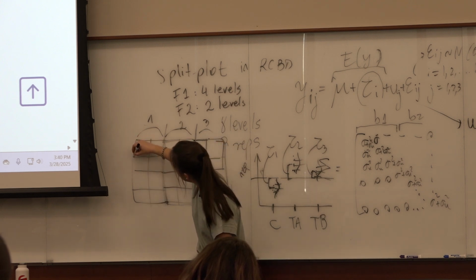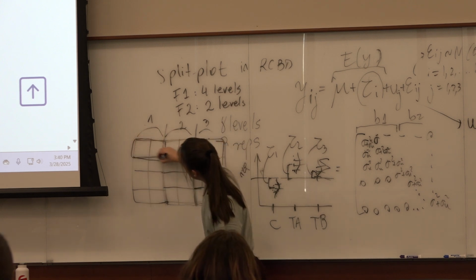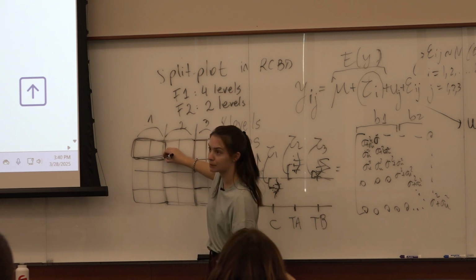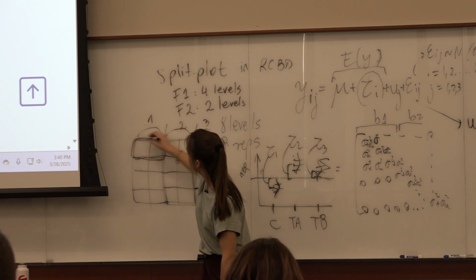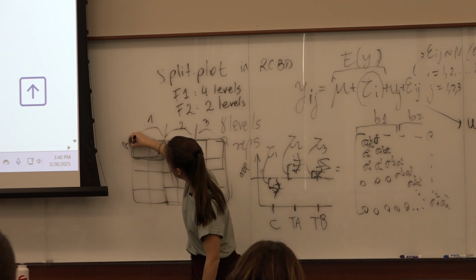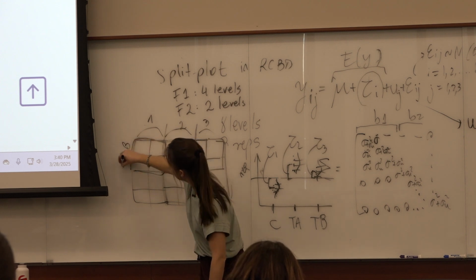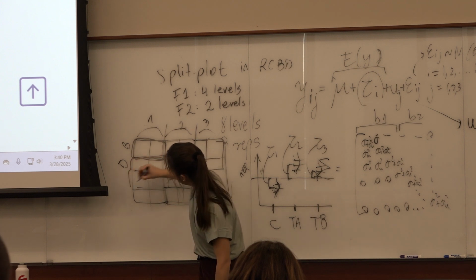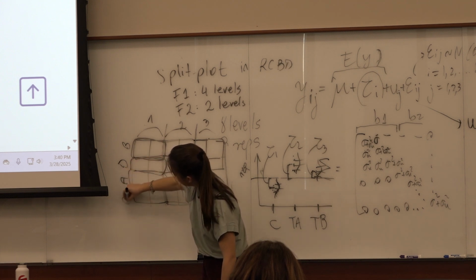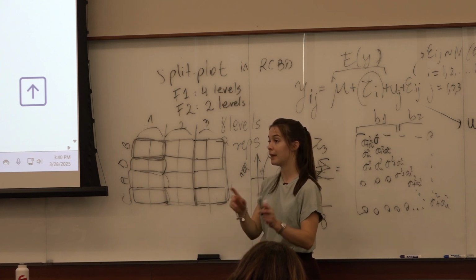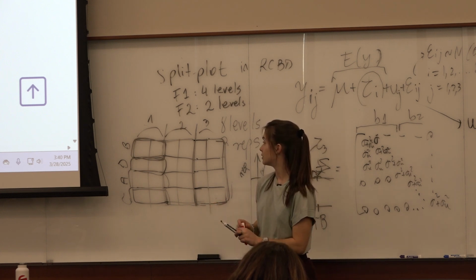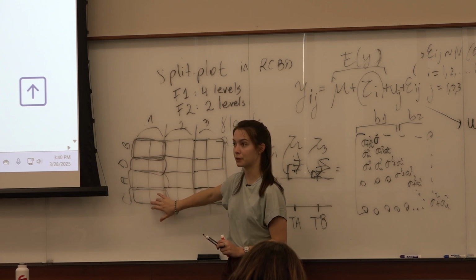We randomly assign this experimental unit. This is now the experimental unit for factor 1. To all of this, we apply, let's say, treatment B. Here we apply treatment D. Here A, and here C. And then, so these are the experimental units, right?